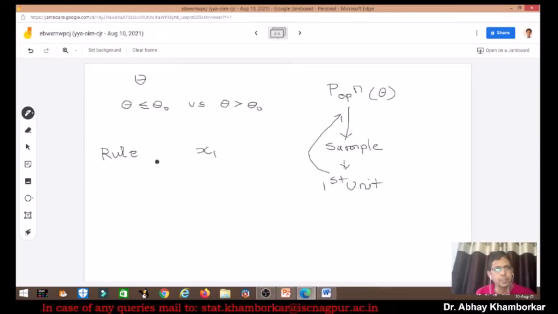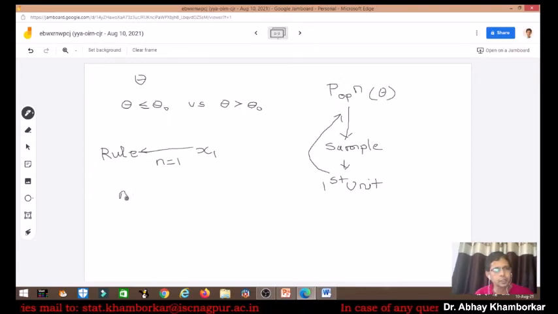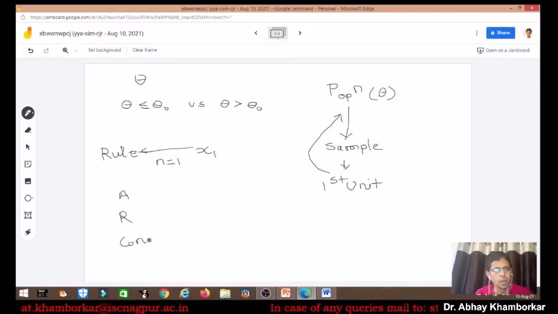So here the size, n, is right now equal to 1. Now on the basis of this rule, whatever that rule may be, either I am going to accept the hypothesis, or I am going to reject the hypothesis, or I will continue the sampling procedure.